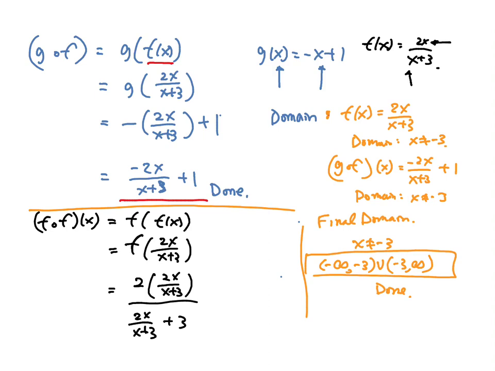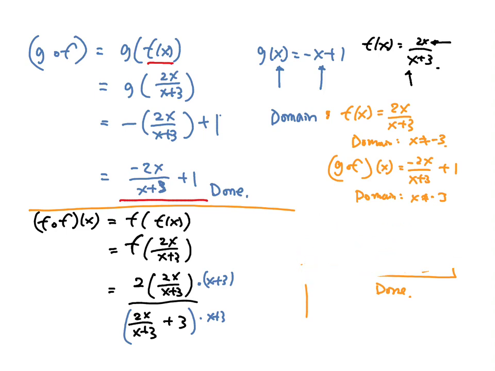Okay? Now, this is the reason why I ask you to do those review sections before class starts, because in this case, we're going to multiply the top and bottom by x plus 3. Okay, I'm going to erase some of this just because I need space. So if I multiply the top and bottom by x plus 3, notice, things cancel.